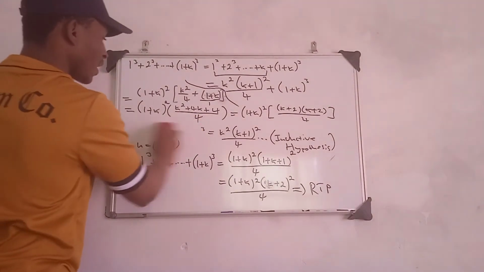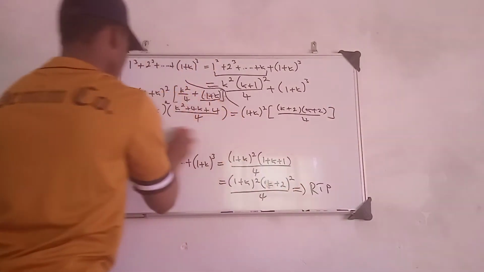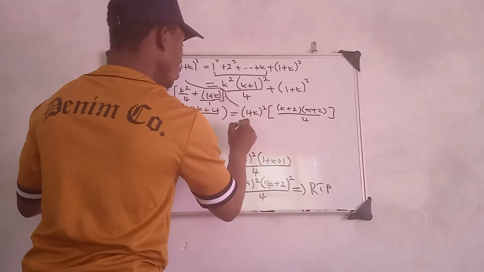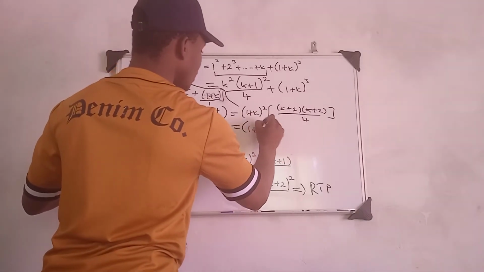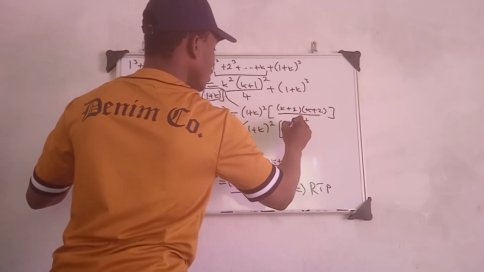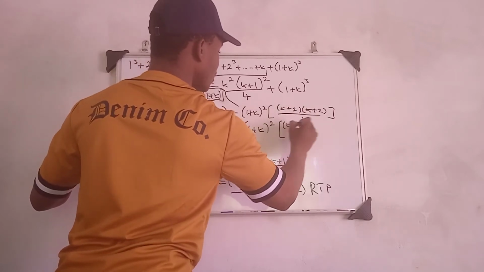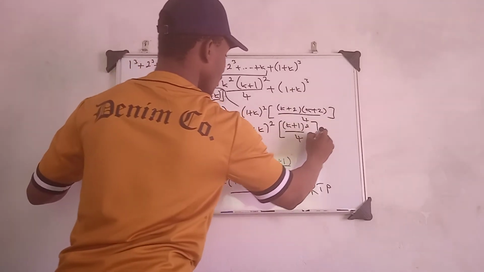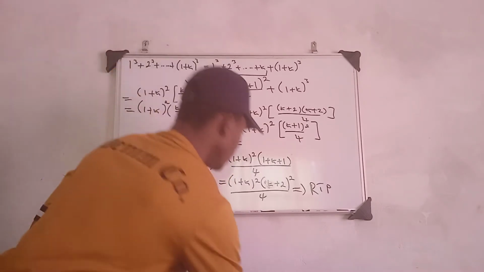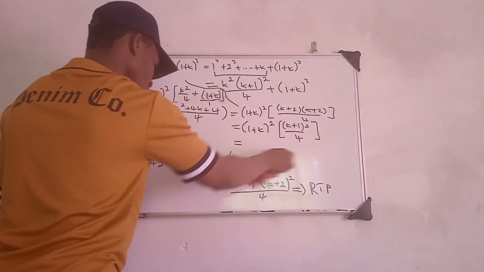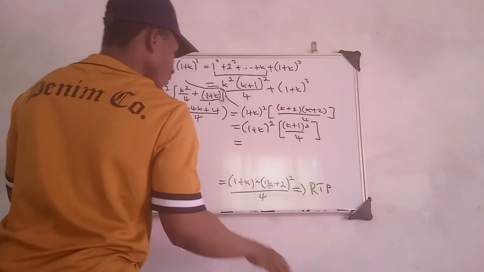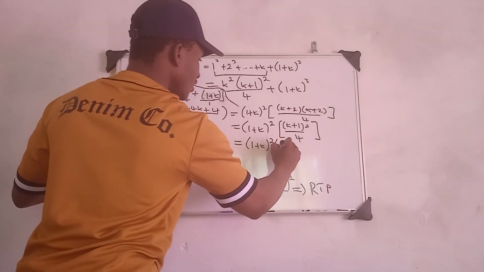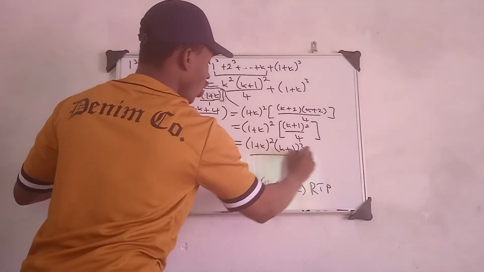Let me erase this part because, if I'm done with my hypothesis, the only one that I'm proving is this one. Since I'm here, we can see that (1 plus k) squared into (k plus 2) squared over 4 is the same as (1 plus k) squared, (k plus 2) squared, all over 4.